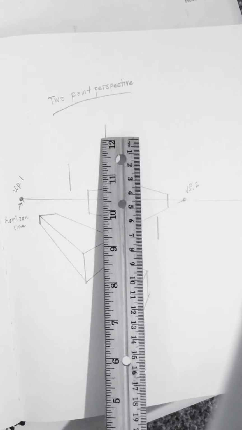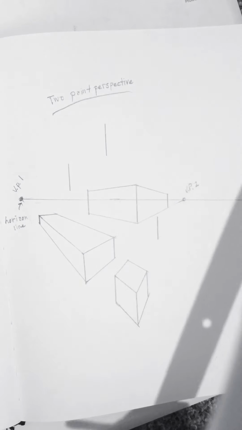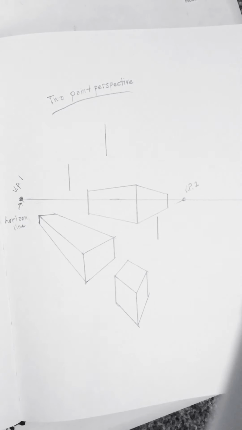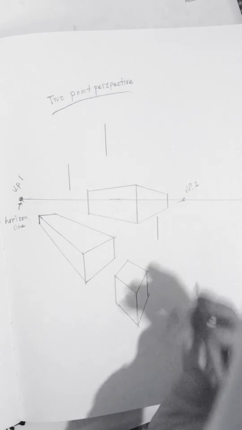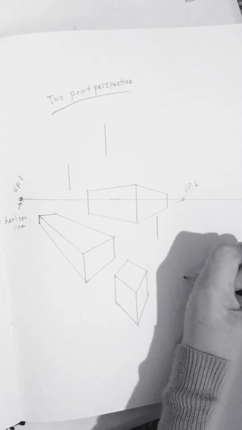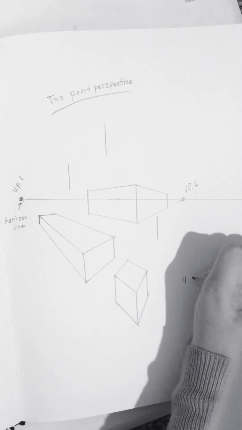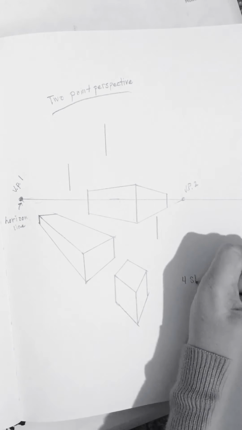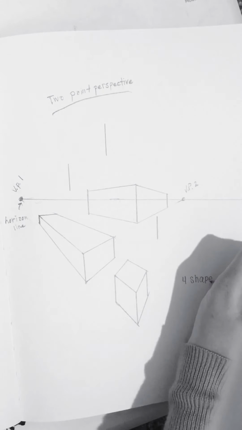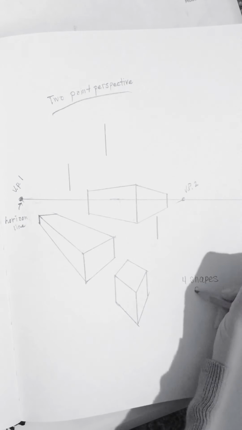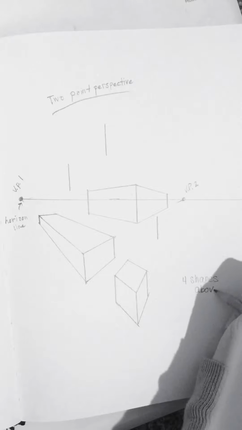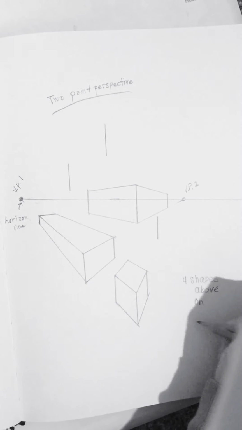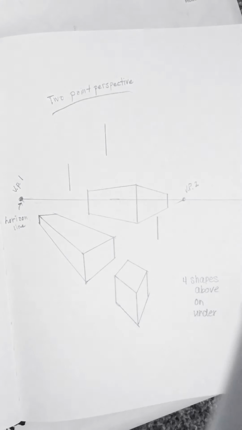Then I'm going to show you one shape from above the horizon line, okay? Let's make it your goal to do four shapes above, on, and under your horizon line.